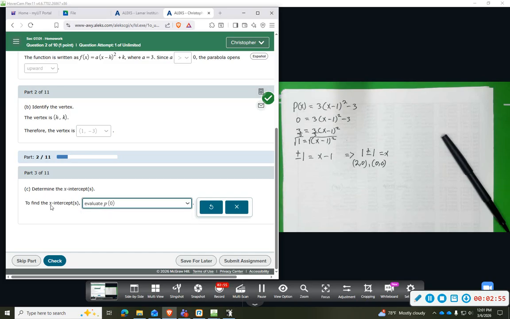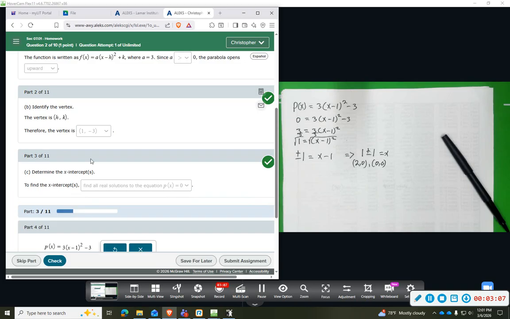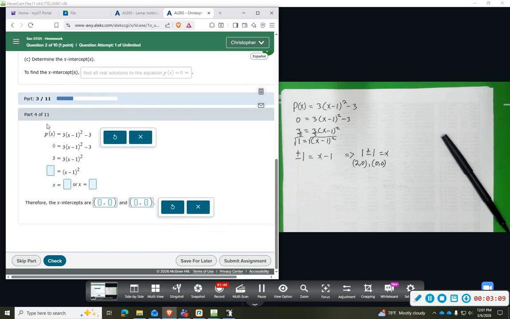So this says how to do it. Evaluate x-intercepts. No, sorry, p of x equals 0, so y is 0. And then it goes through the solving process. Set it equal to 0. They add 3, divide by 3, so that's where we're going to have a 1 here.